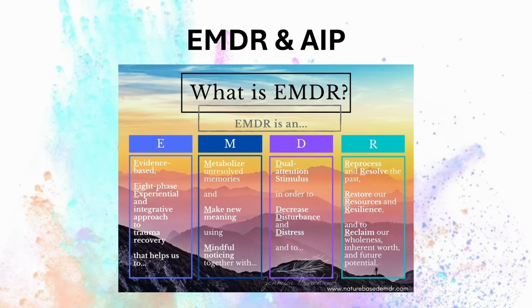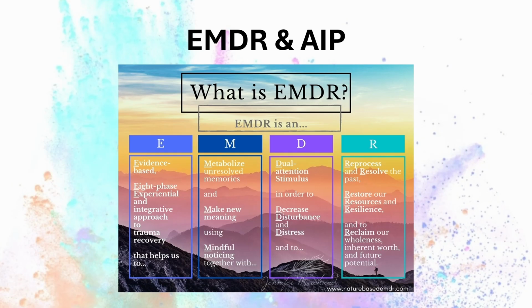EMDR is based on the Adaptive Information Processing, AIP, model, which suggests that the brain's natural information processing system can become blocked by traumatic events. EMDR aims to unblock this system, enabling the brain to heal similarly to how the body heals from physical wounds.